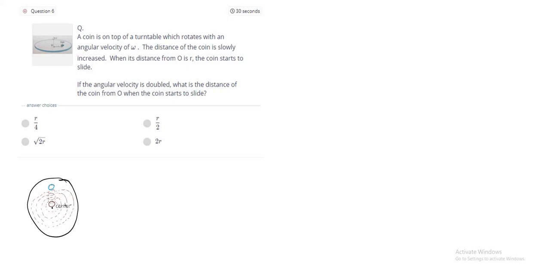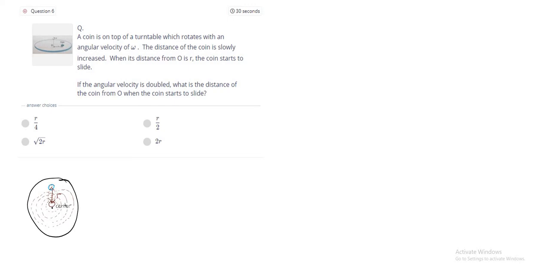So the question says, when this distance is increased until a distance of r, then the coin will start to slide, meaning it goes from static friction to kinetic friction. If the angular velocity is doubled, what is the distance of the coin from O, which is the center, when the coin starts to slide?